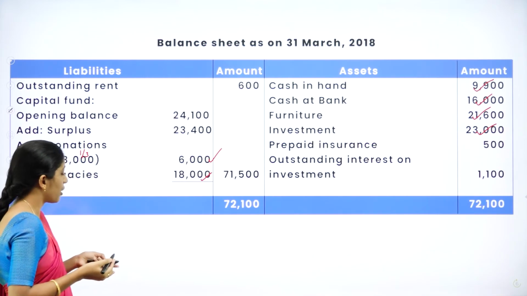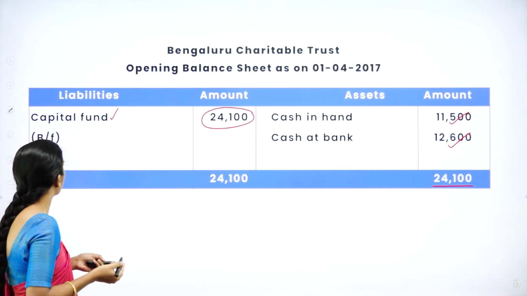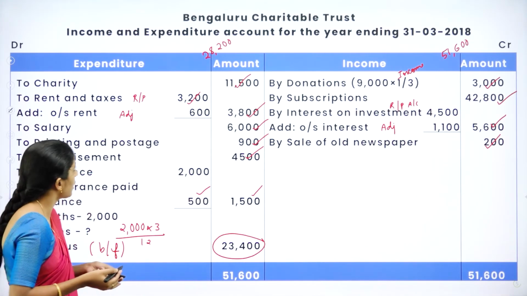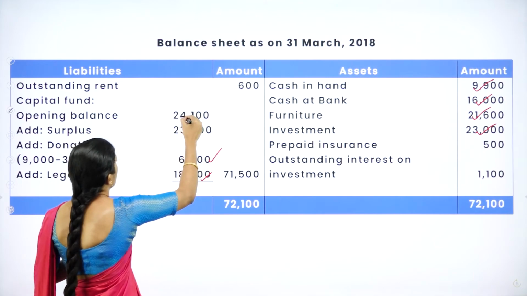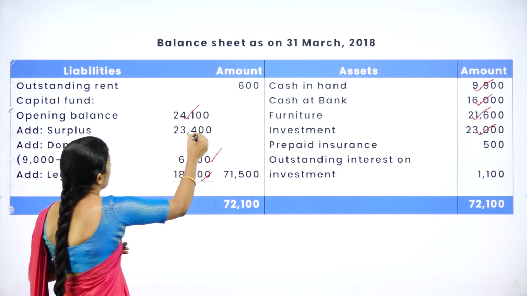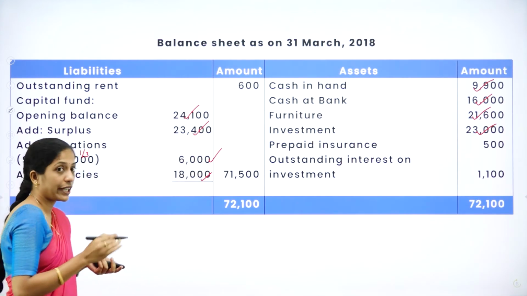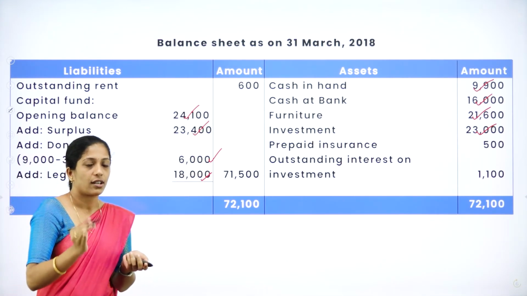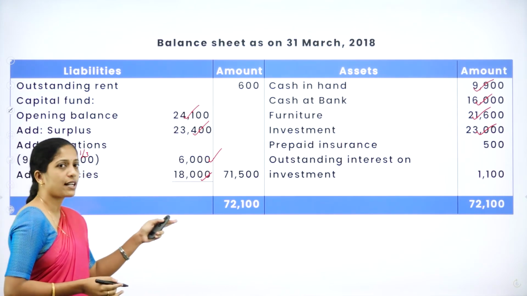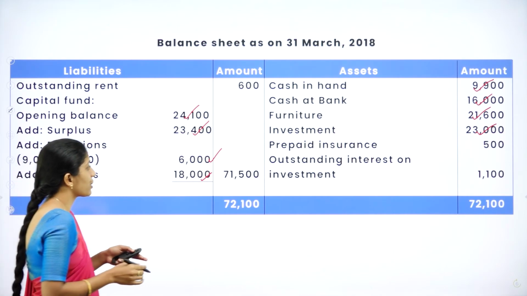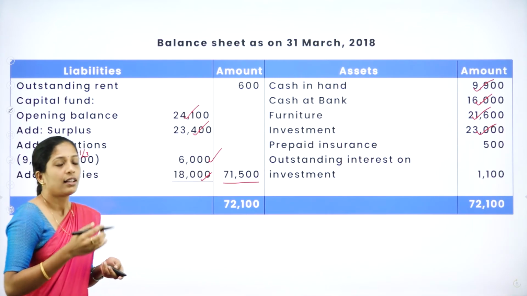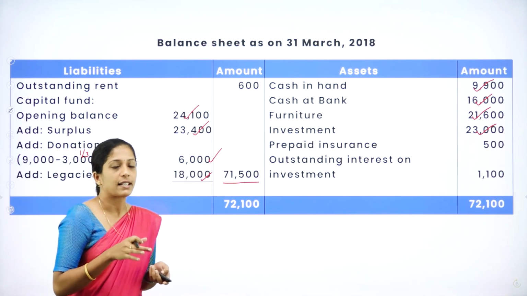The balancing figure of the opening balance sheet is 24,100, add surplus 23,400, add the remaining donation, leaving one third, that is 6,000, add legacies 18,000. So we will get the total capital fund as 71,500. Now we are done with all the entries in the receipts and payments account.